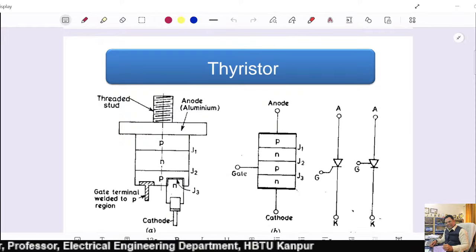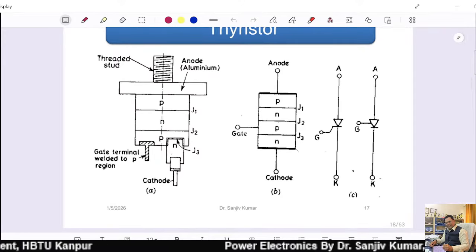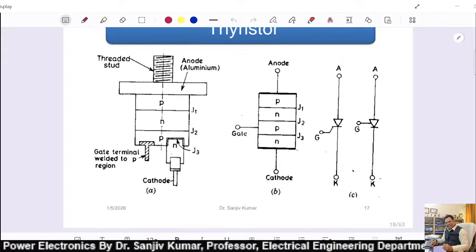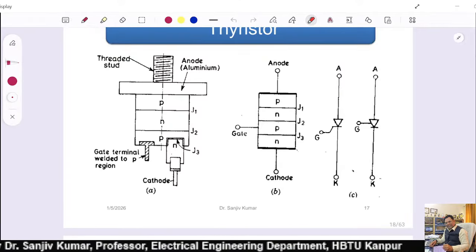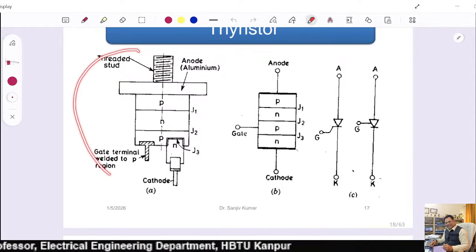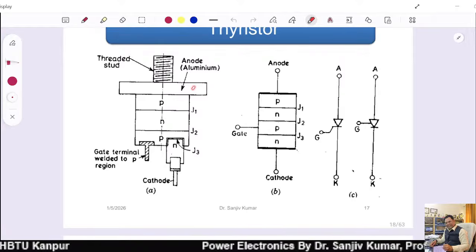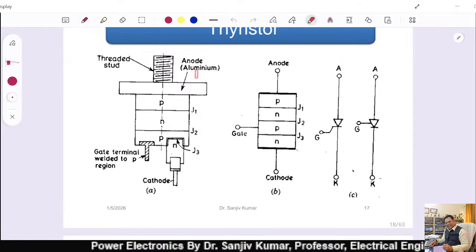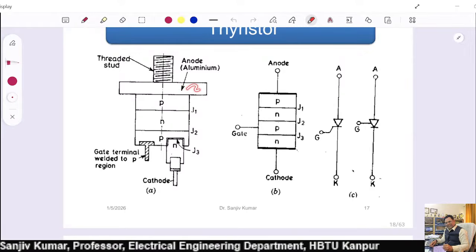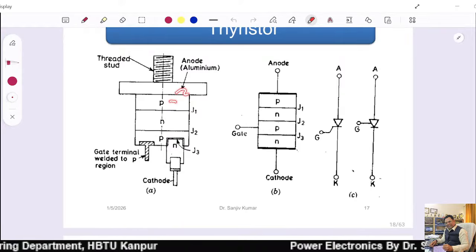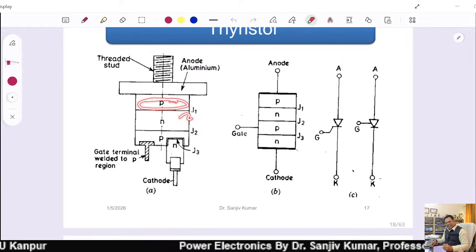This Thyristor's constructional block diagram, in fact constructional details, is shown in this figure. You can see the anode is made of aluminum and this is having two PN junctions.